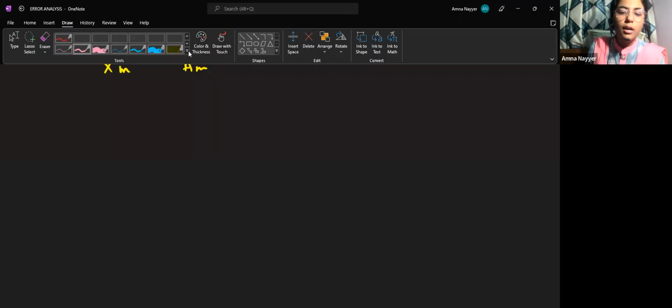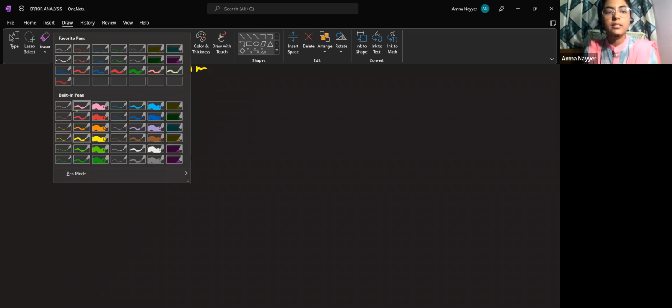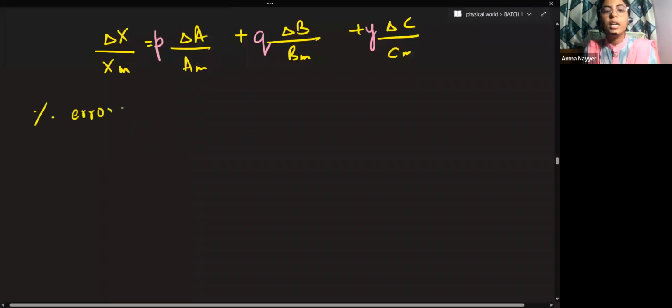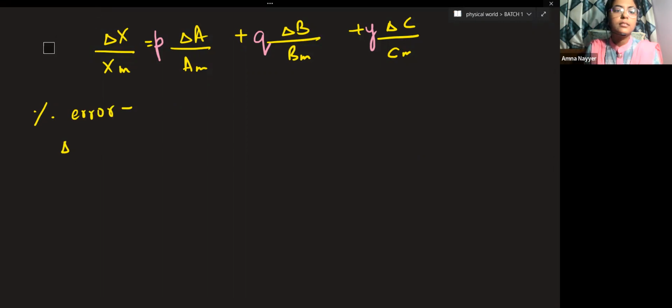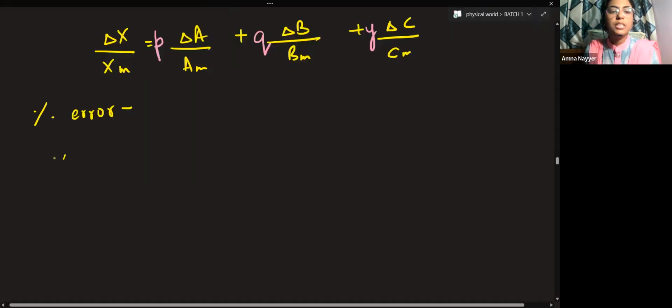But before that, how to calculate the percentage error in this. If you are asked to write the percentage error, then take this quantity and multiply it by 100, meaning the percentage change in x if you have to calculate.